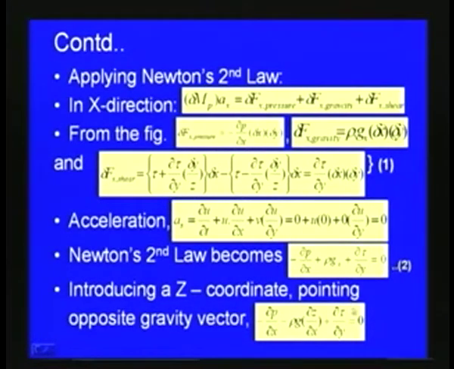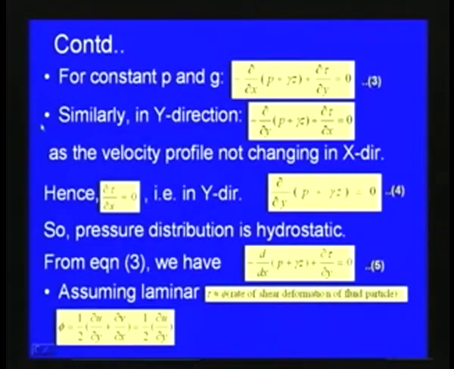So, equation 2 is transformed this way. And then for constant rho and g, the density and acceleration due to gravity, we can write equation number 2 as minus del by del x of p plus gamma z plus del tau by del y is equal to 0, as in equation number 3.